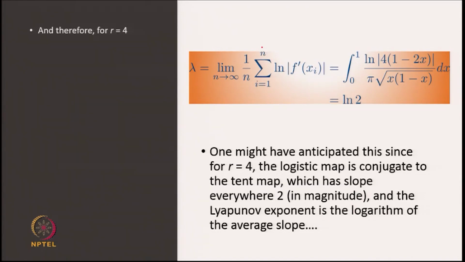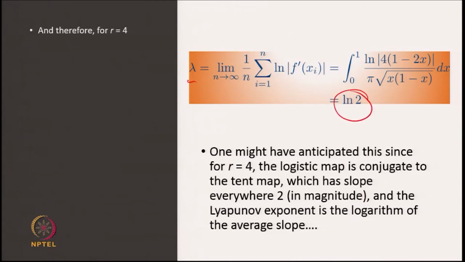Now, this has to be exactly equal to the space average. So, the same quantity, the logarithm of 4 into 1 minus 2x, times the invariant measure, which is 1 upon pi root x into 1 minus x dx. The integral is fairly simple. You can solve that quite nicely to find the value of log 2.